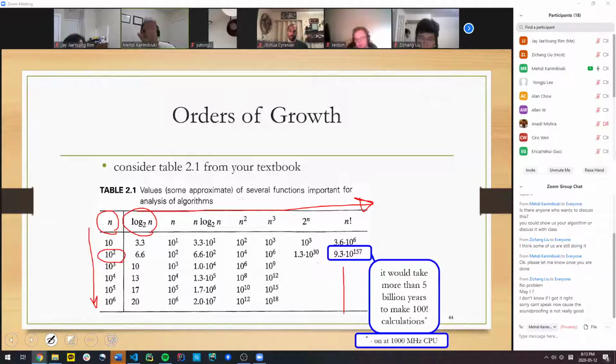So it's well enough to keep us busy for the next 100 billion years. Okay, so that's what I'm saying. It is really important how you develop your algorithm and what type of time complexity it is going to end up having.